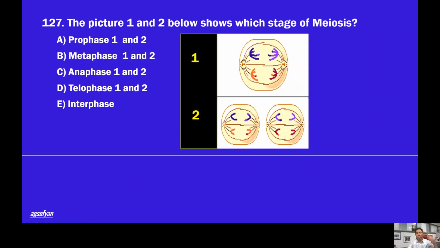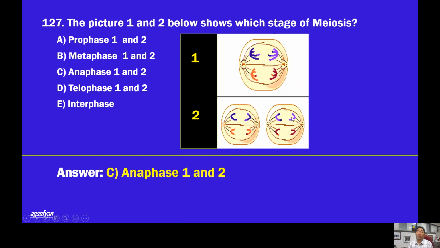The picture number 1 and 2 below shows which stage of meiosis? Prophase 1 and 2, metaphase 1 and 2, anaphase 1 and 2, telophase 1 and 2. Choose your answer. Picture number 1 will be anaphase 1, and picture number 2 will be anaphase 2.